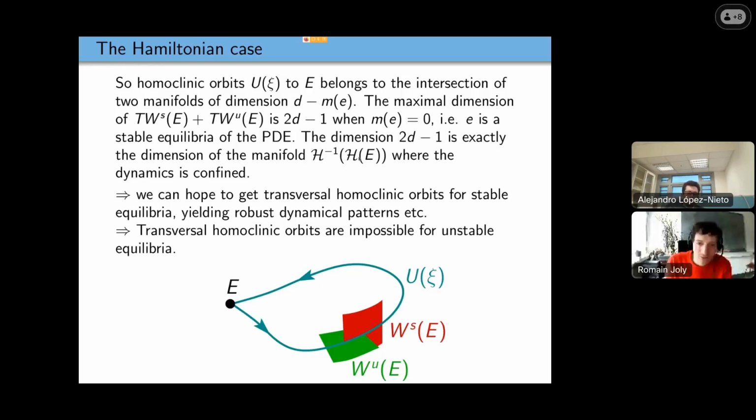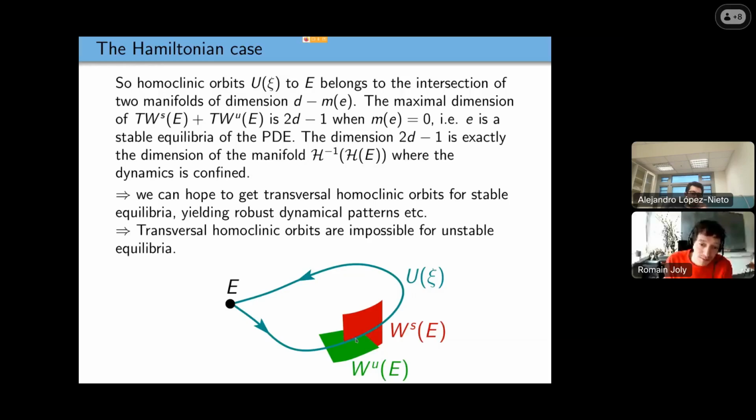And the other thing is more technical. Even if you consider a trajectory with a stable equilibrium here, this means that the unstable and stable manifolds have dimension exactly D. Okay, so you would like to generate a space of dimension 2D, so it looks good, but actually there is an intersection, because you know that there is this trajectory inside the intersection.